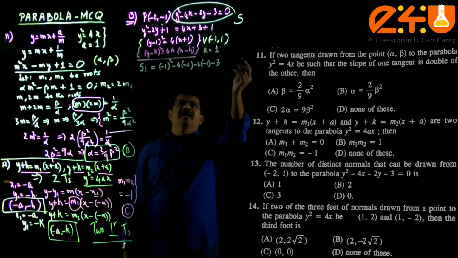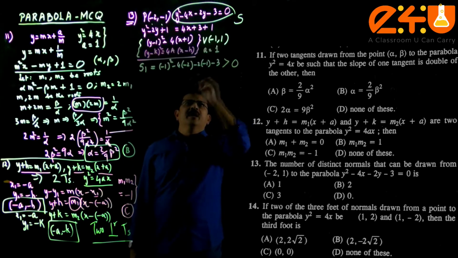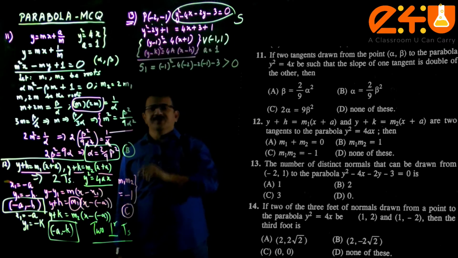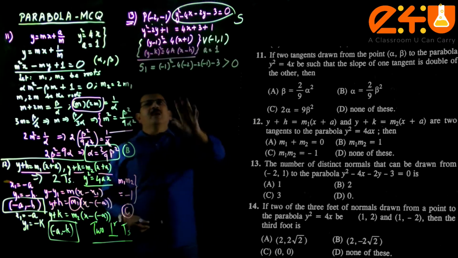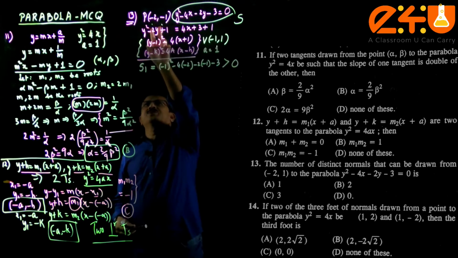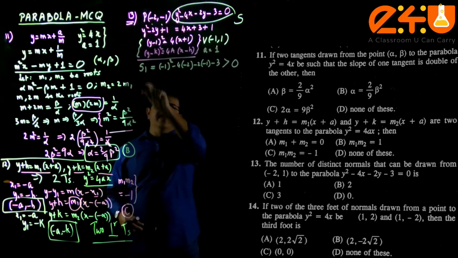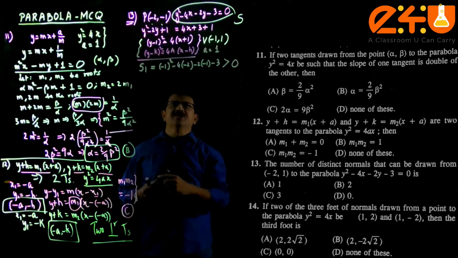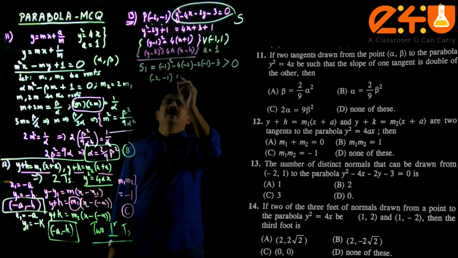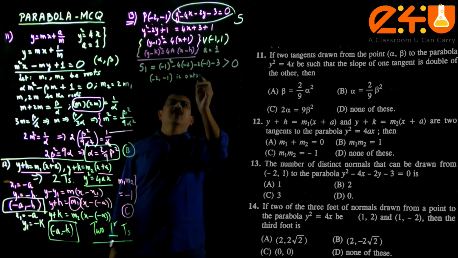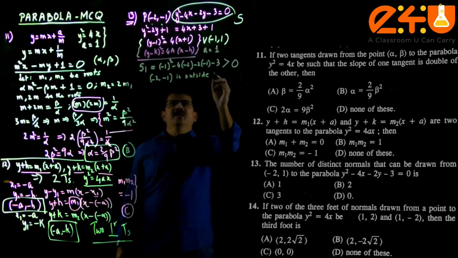If S1 is greater than 0, that's what is happening here. It is definitely positive. I don't have to work it out. Because the point minus 2 comma minus 1 when substituted in the equation gives you S1 greater than 0, I understand this point is outside the given parabola.